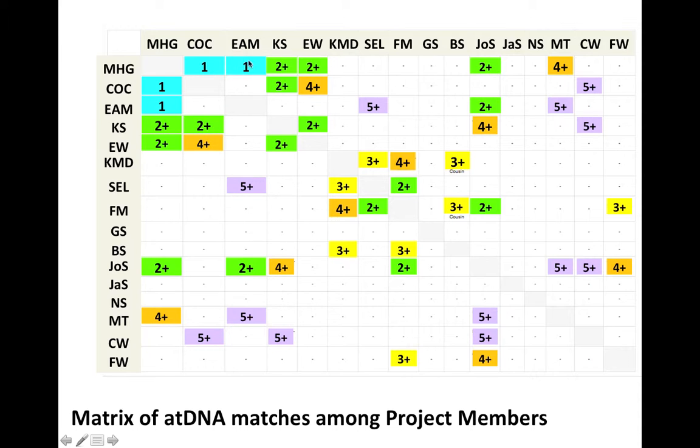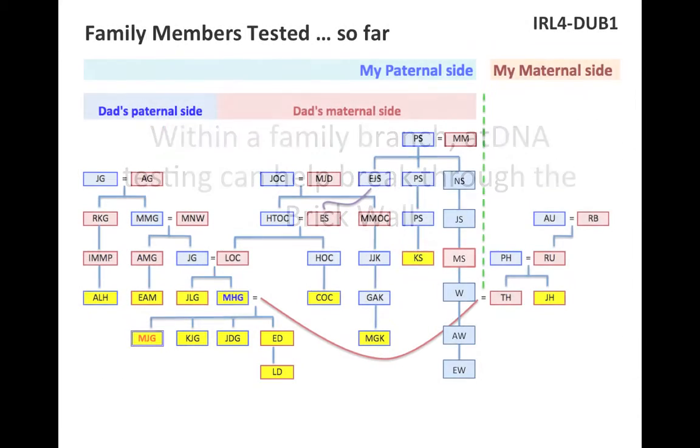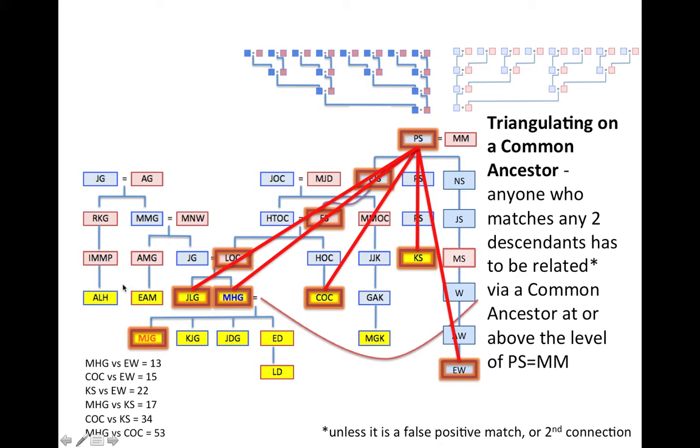This first cousin here is quite interesting, because if we go back to the diagram, this is my dad's cousin Betty, and there's my dad, there's his father, there's his father, and cousin Betty is descended from my father's father. So she is on my father's paternal side of the family, whereas the Speirins are all on my dad's maternal side of the family.